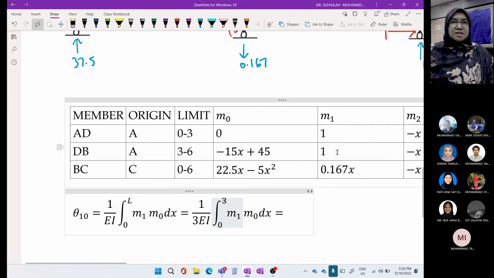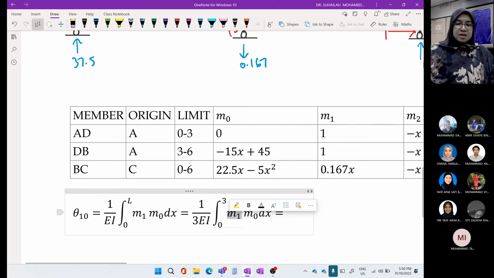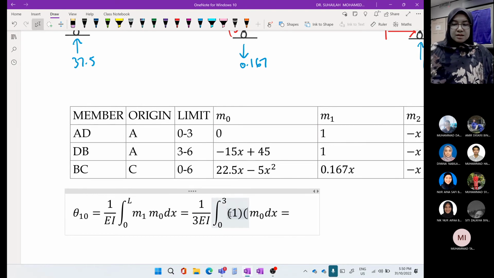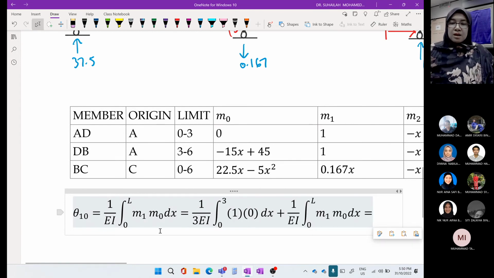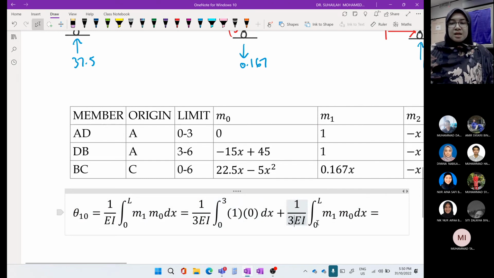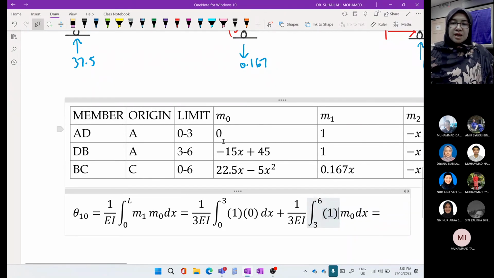It is 1 and 0. Plus 1 over 3 EI from 3 to 6, it is 1 and this.